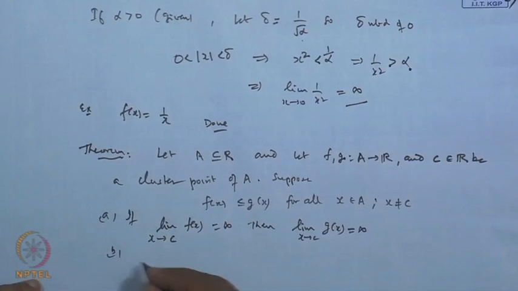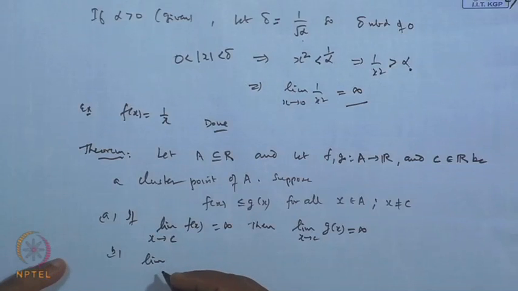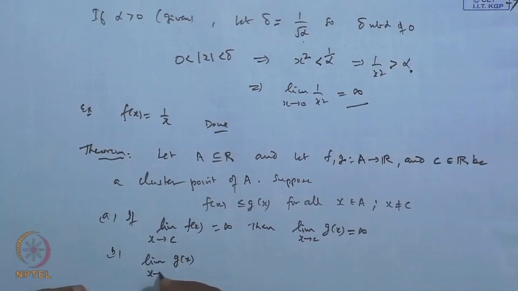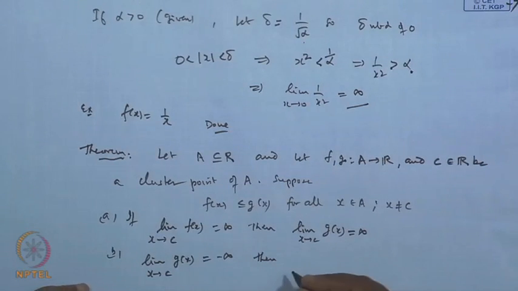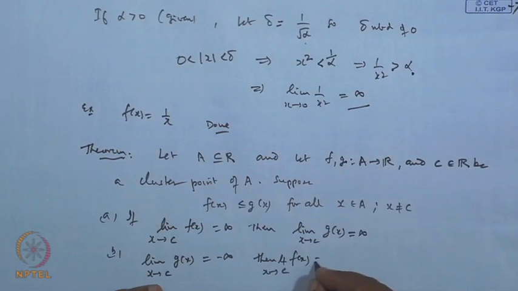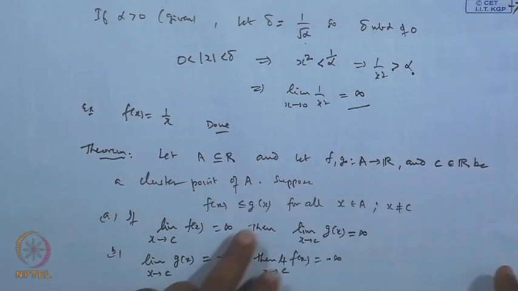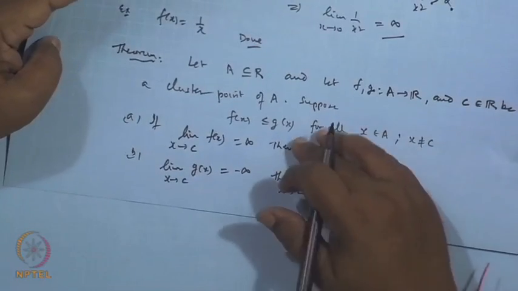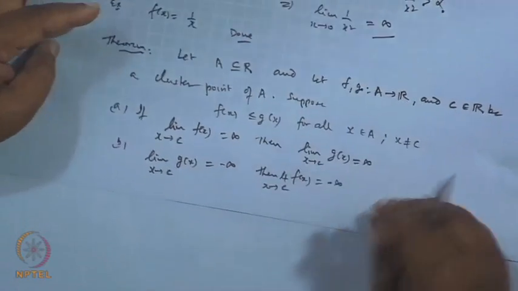And the B part is, if the limit of g(x) when x tends to c is minus infinity, then the limit of f(x) when x tends to c will be minus infinity. Of course, this one can say obviously, so we are just skipping the proof for it. Okay.